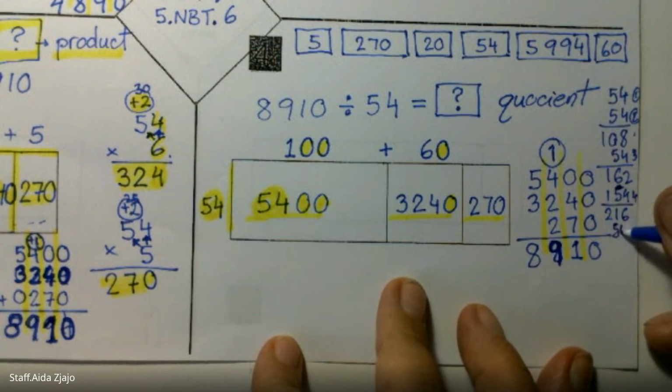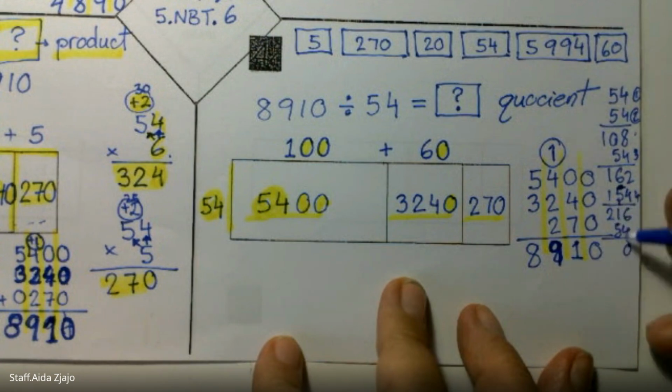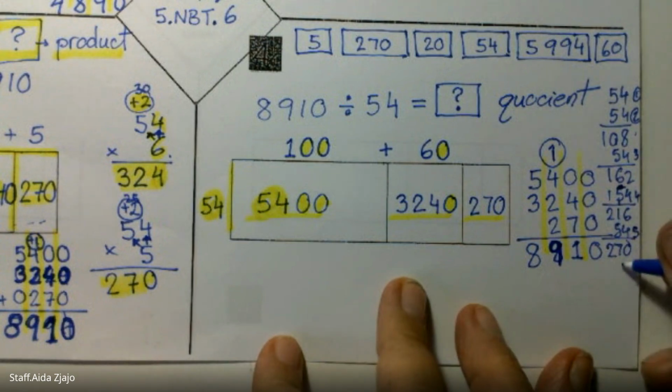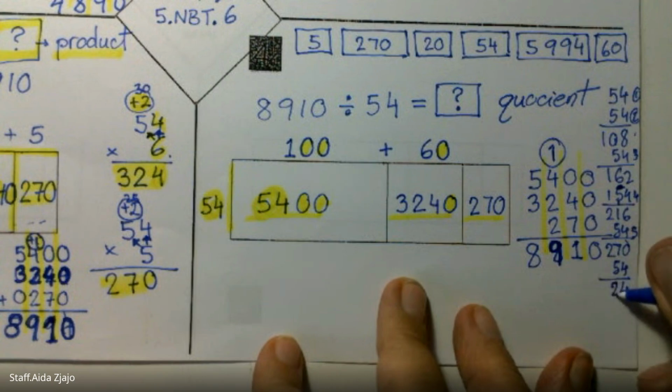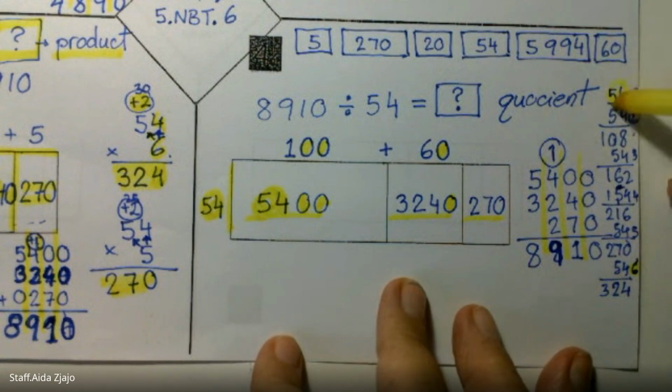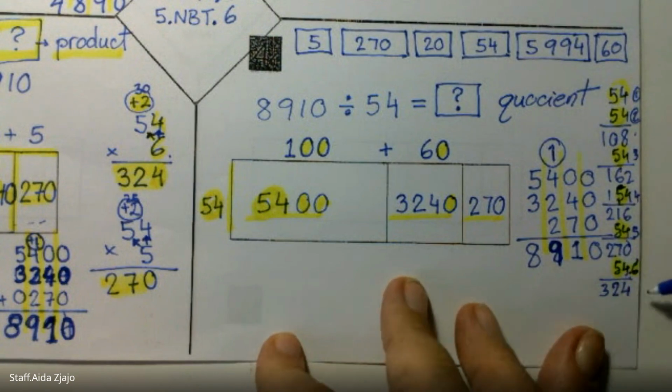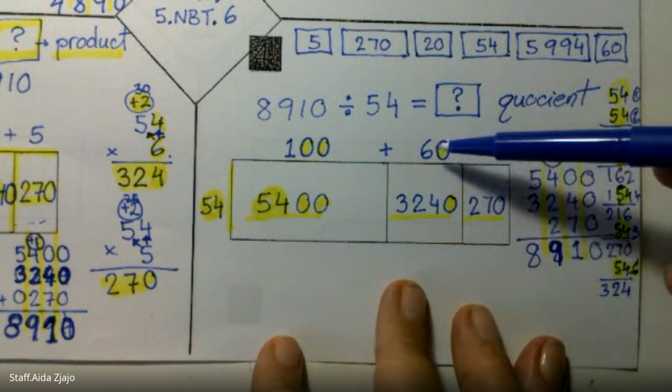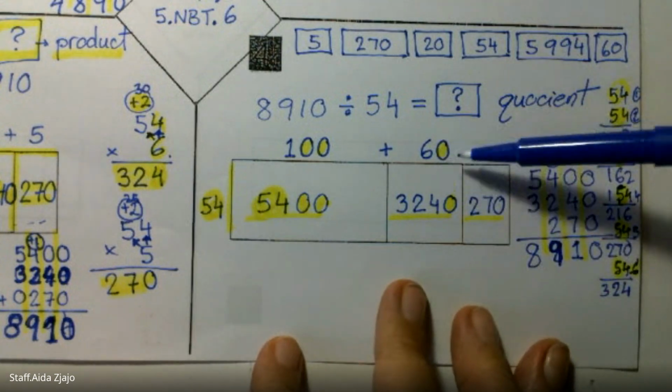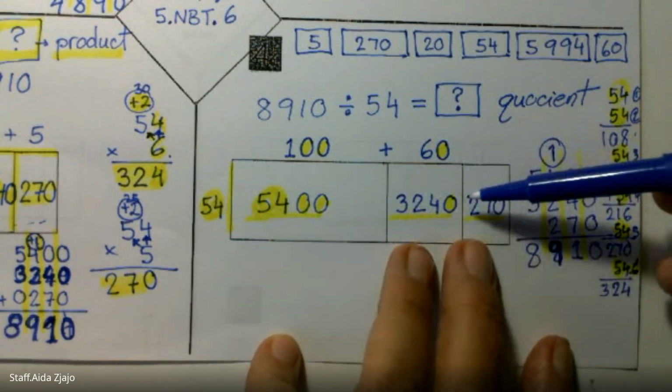And then 54, that's 270. That's 5. And 54, and that is 324, and that is 6. So right now you can see there is a 6, 54, 1, 2, 3, 4, 5, 6. 6 times 54 is 324. So then you can say, okay, now I am correct. 60 times 54 is 3,240.